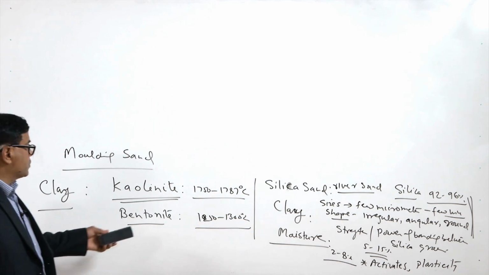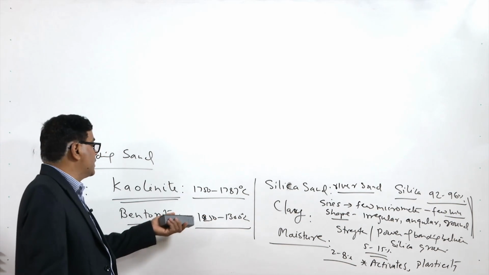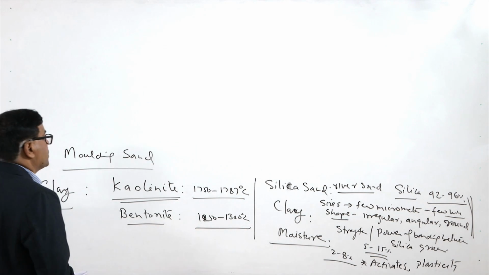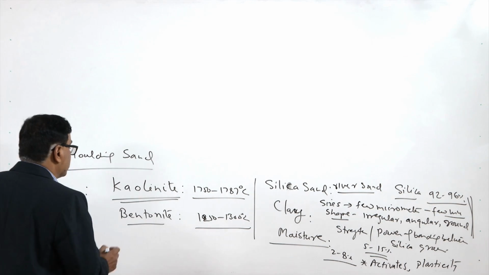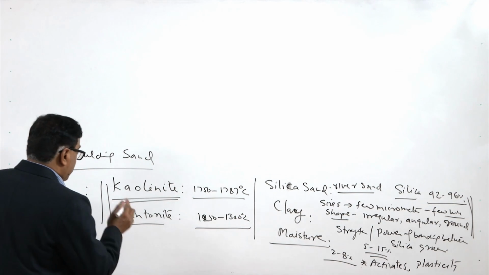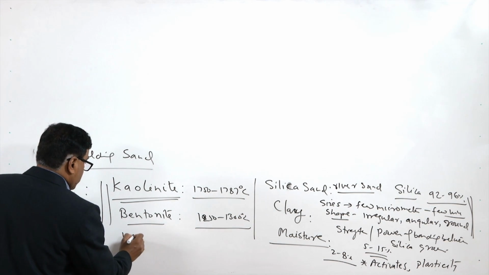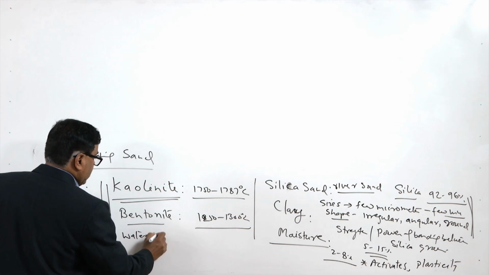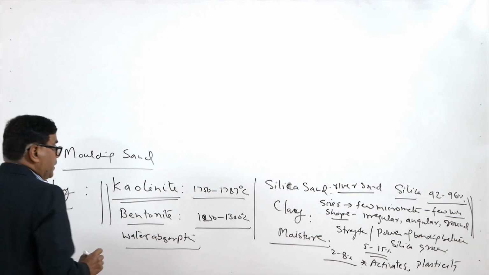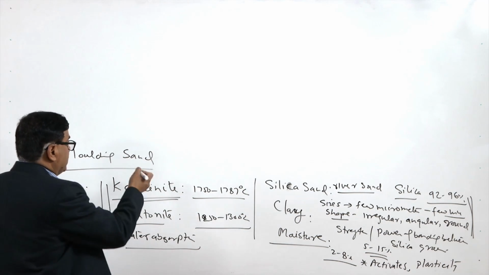So, for most of the low temperature metal systems bentonite is preferred, while for the high temperature systems, high temperature metal of the casting, the kaolinite is preferred. The water absorption capacity of the bentonite is much better than the kaolinite.